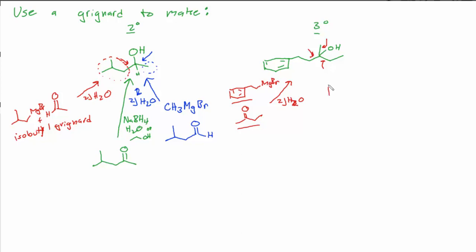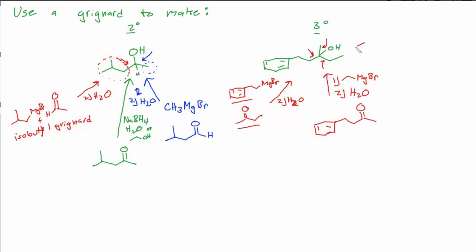Another option would be to add ethyl Grignard to the reaction. And the organic molecule we'd start with would look like this. And once we add ethyl Grignard, followed by water addition, we would get the tertiary alcohol.